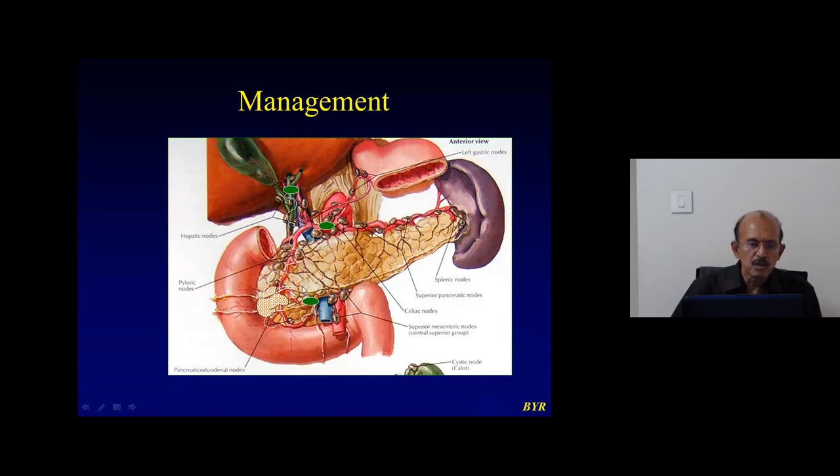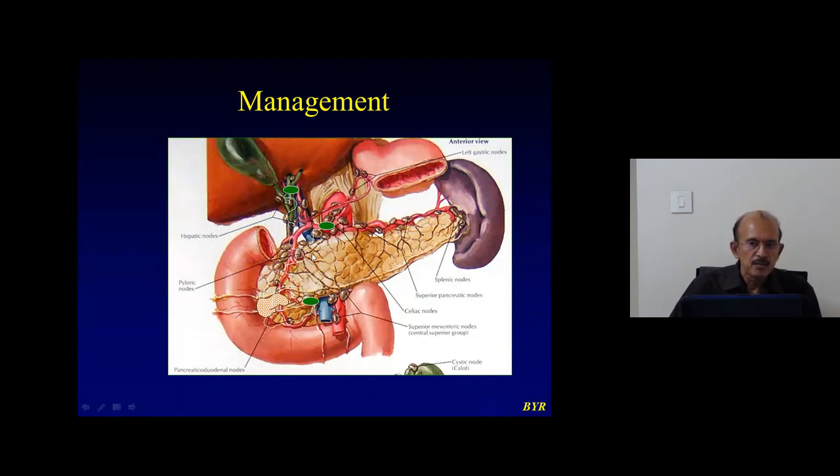So these are all the lymph nodes which can be involved in pancreatic cancer. Even though they are not yet involved, we will remove the lymph nodes, because lymph nodes act as a basin where the tumor cells are collected before being disseminated far and wide. If you can remove these regional lymph nodes along with the tumor, then you are going to get a good survival rate.